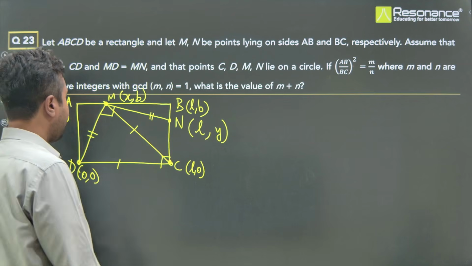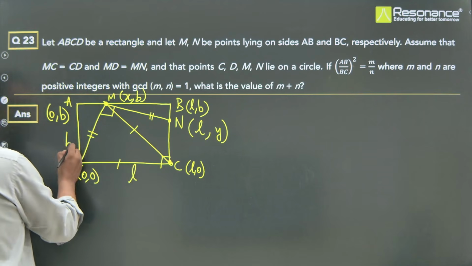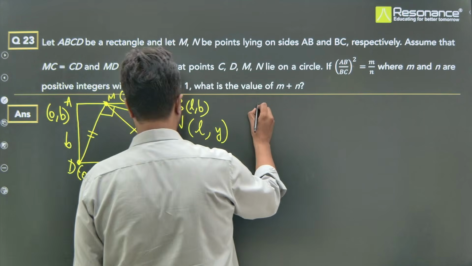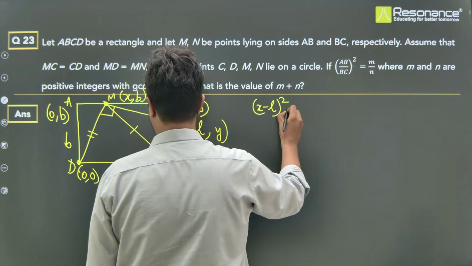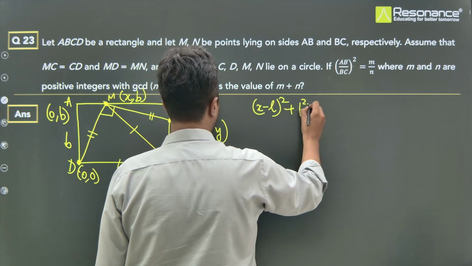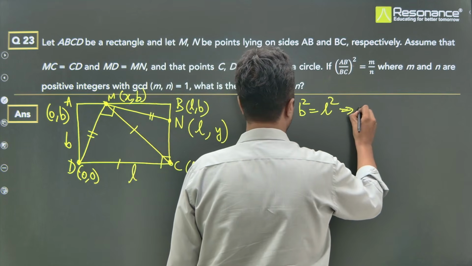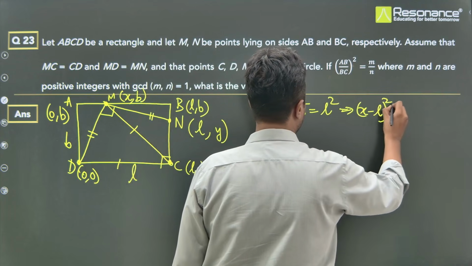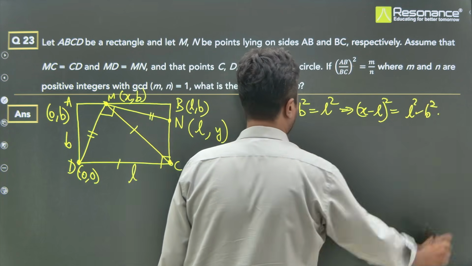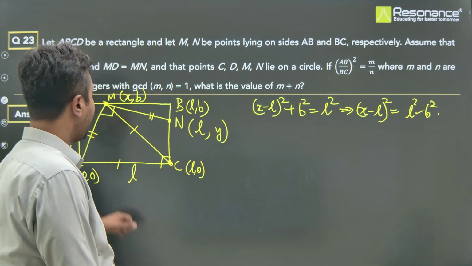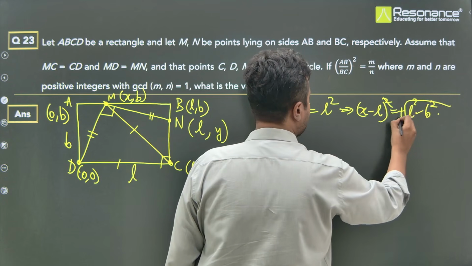Okay, the condition that we have is MC is equal to L. So let's say this length is L, this length is B. So the first condition I would write down is (x minus L) whole square plus B square is equal to L square. So that immediately tells me that (x minus L) whole square has to be L square minus B square. And in fact, I can have a square root with a plus minus.